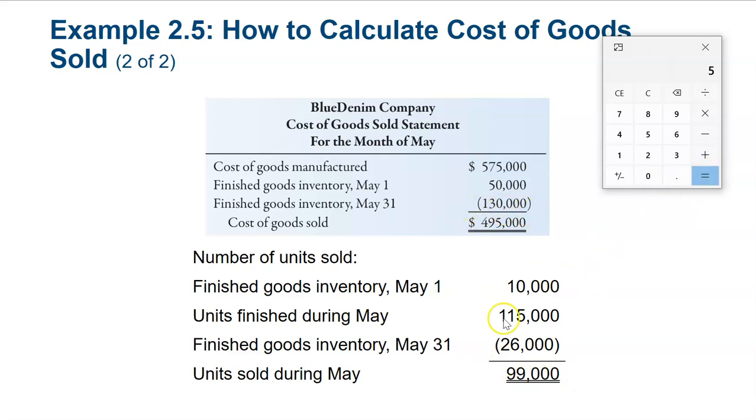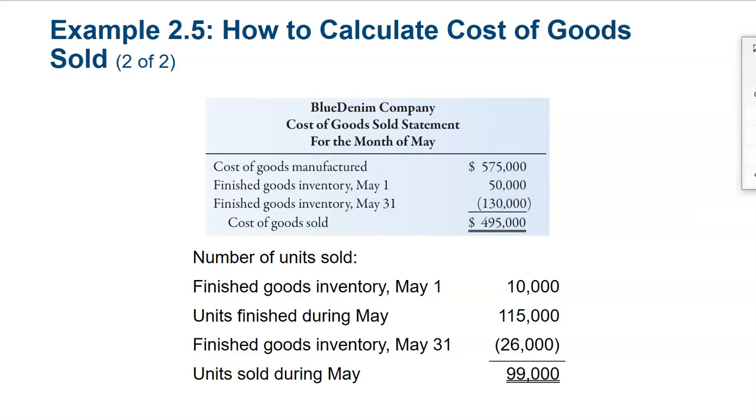We can actually go backwards here and calculate cost of goods sold per unit: $495,000 cost of goods sold divided by the number of units sold gives us that $5 that we previously calculated back when we were looking at our fixed and variable cost component, I believe is what we were looking at. Or no, is that right? No, I'm sorry, that was direct materials, direct labor, manufacturing overhead that had been allocated. That's what it was. Okay, I remember now.